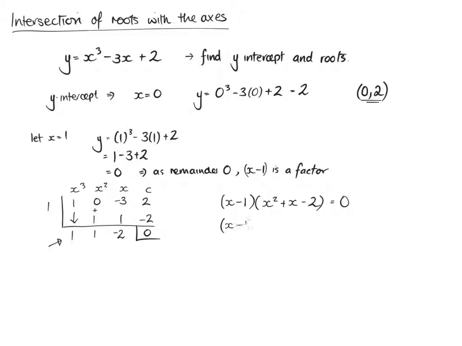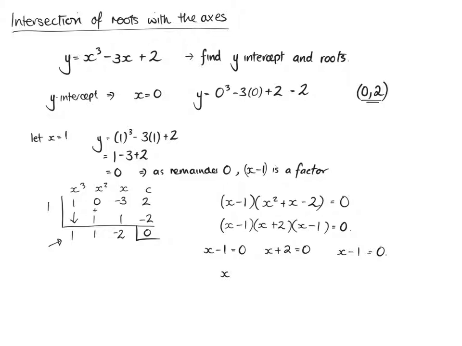So we have x minus 1, and now factorize this: what multiplies to give us minus 2, but adds to give us 1, has got to be plus 2 and minus 1. Okay, and that's equal to 0, so that gives us x minus 1 equals 0, x plus 2 equals 0, and x minus 1 equals 0.